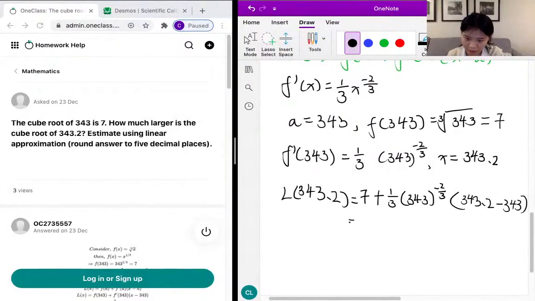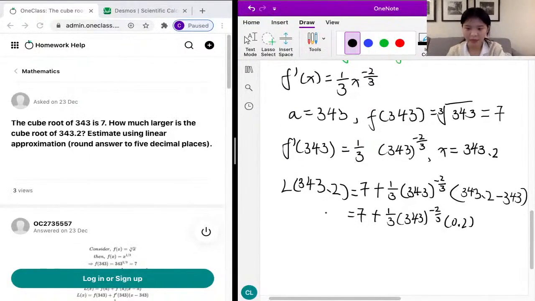So we find the linear approximation: it's 7 plus 1 over 3 times 343 to the power of negative 2 over 3 times 0.2. And that's our linear approximation.